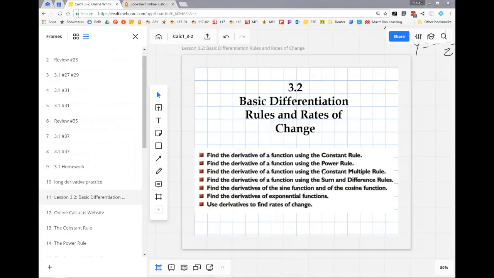So you can see them listed here: the constant rule, the power rule, the constant multiple rule, the sum and difference rules, sine and cosine, and e to the x. How do you take derivatives of that?